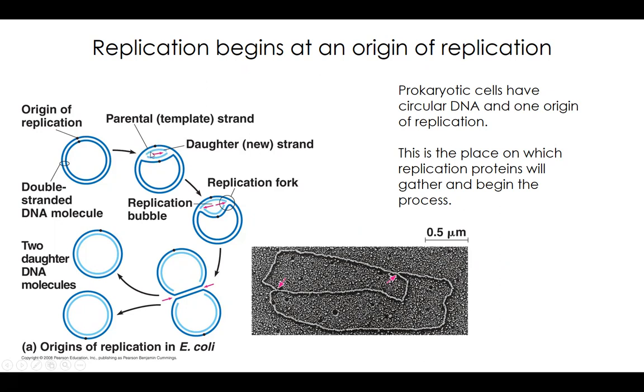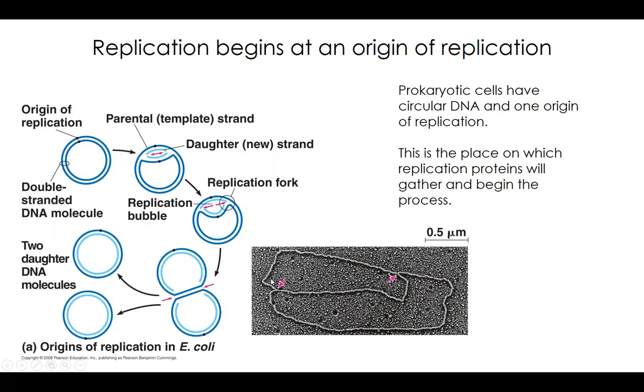We start synthesizing a new strand, creating what's called a replication bubble with a fork on either side. The whole thing is the bubble. The fork is the Y, where the DNA is open. It proceeds in both directions until we've completely replicated both strands, and now we're done.